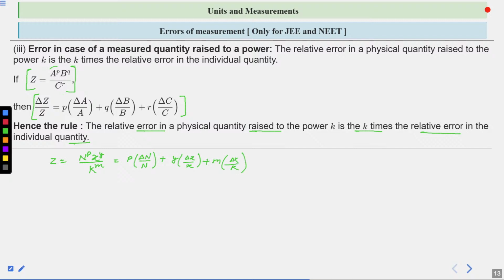This is clear? I think now this is understandable. Yes or no? If you have any doubt, please ask.